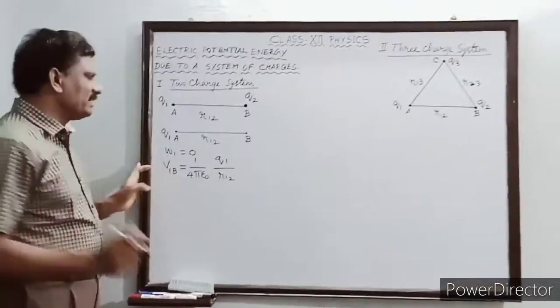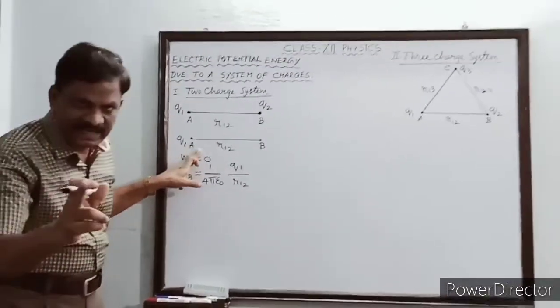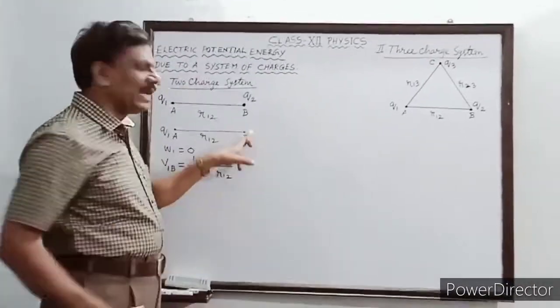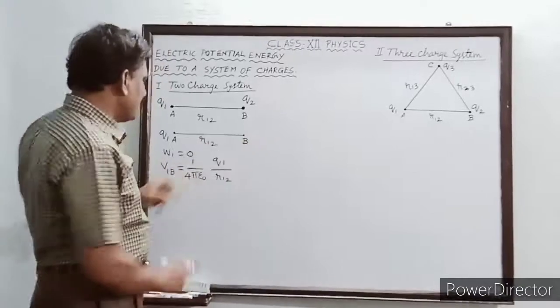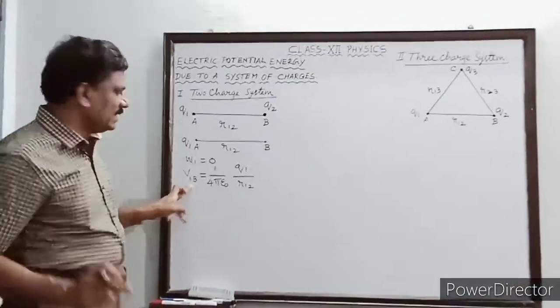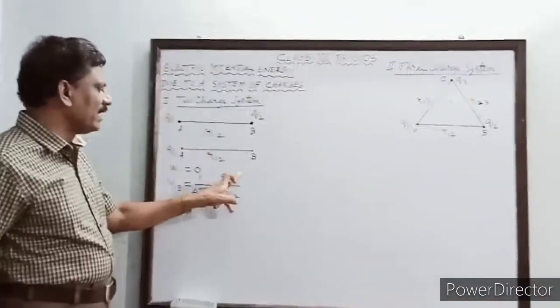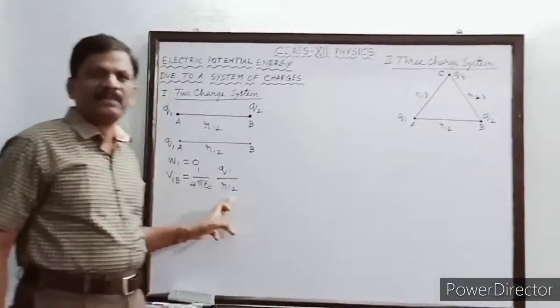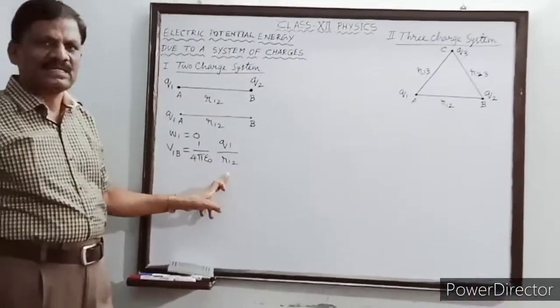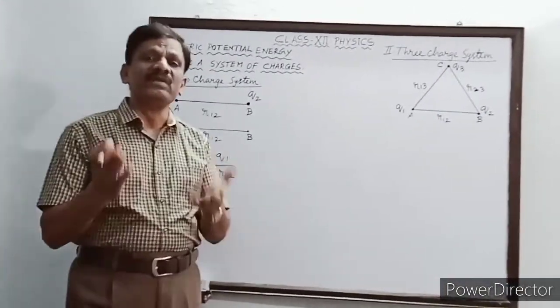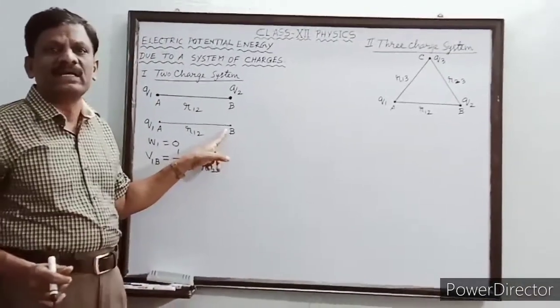So the presence of the charge Q1 at the point A will produce a potential at the point B, which is given by V1B, and that is equal to 1 by 4 pi epsilon naught into Q1 divided by R12. Understand?